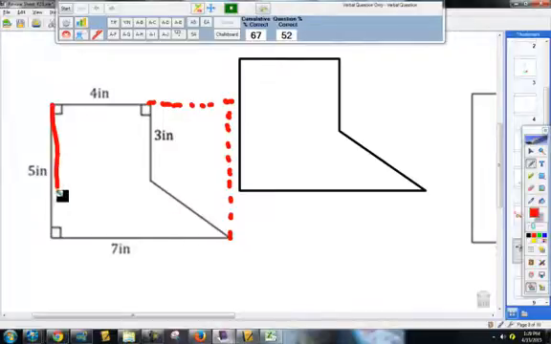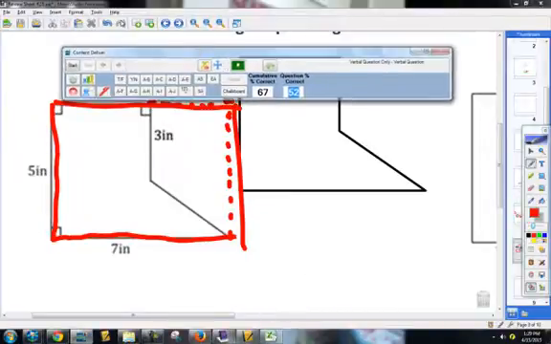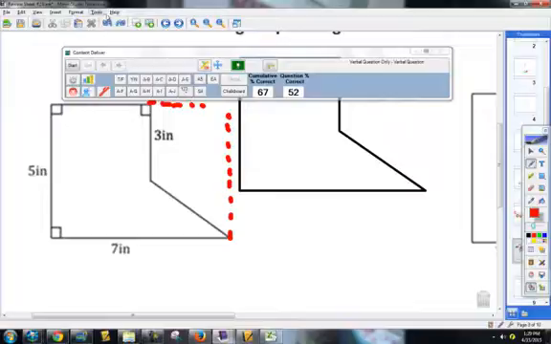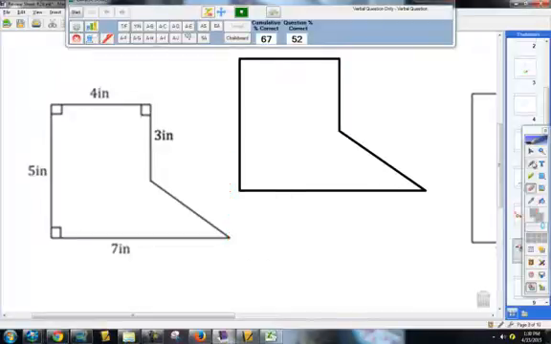So you did this times this, and that should be the area of this whole thing, right? It would be. The whole thing's 35. That makes sense. Okay. And then you did 4 times 3. I don't know if you can rely on that. I didn't really know what to do. Well, I don't want you to rely on that because I'm not sure why that worked.